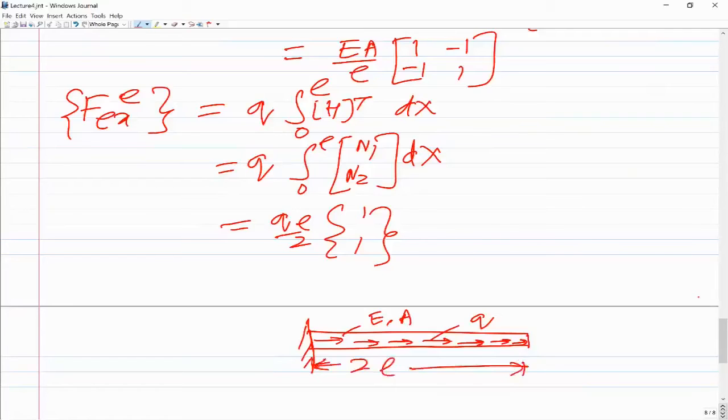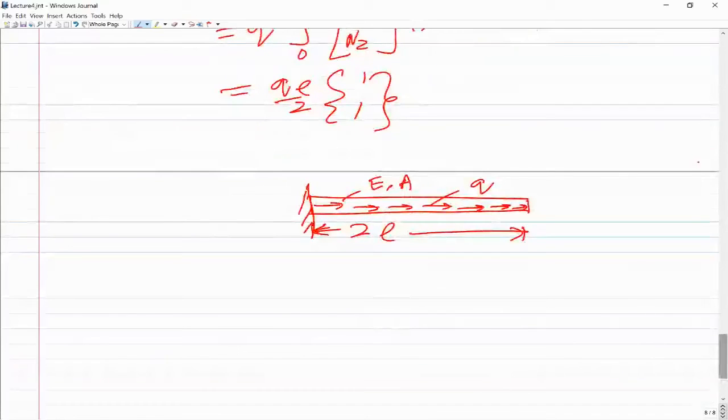So using this two noded truss element which we have discussed just now, the minimum is of course you can discretize this using one element, but let me show you the solution procedure by discretizing this into two elements, although you can discretize it into any number of elements.